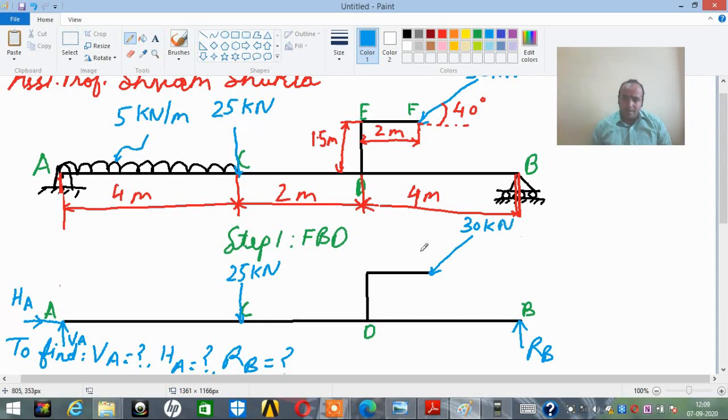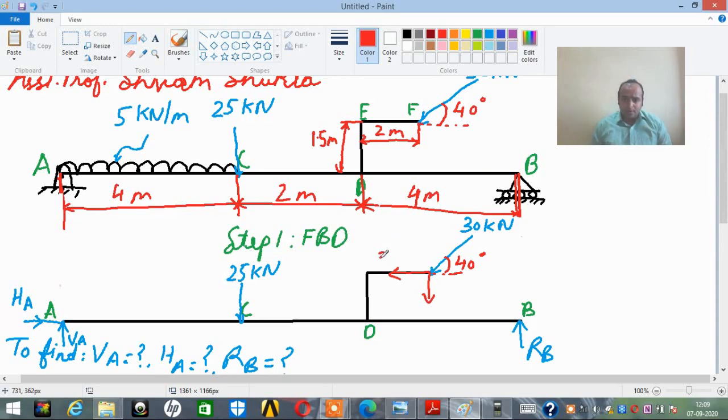Then I would like to resolve this force, which makes an angle of 40 degrees like this. It will be resolved along the horizontal, its cos component, and its vertical component over here, the sine component.